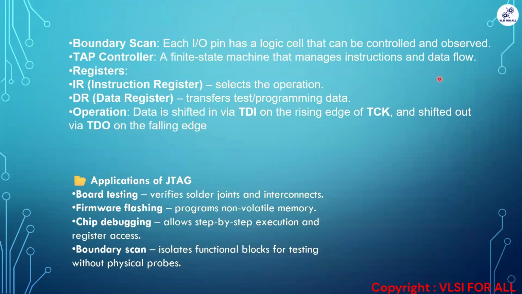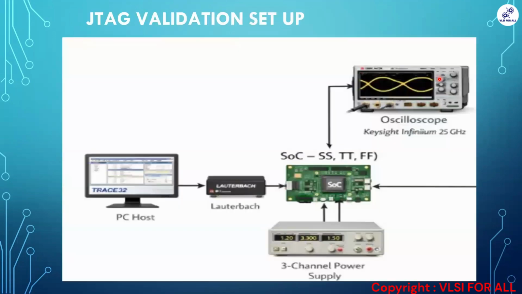JTAG is used for chip debugging, boundary scan, firmware flashing, and board testing. This is the JTAG validation setup. If you see, you'll be having the host PC, loader batch connection.